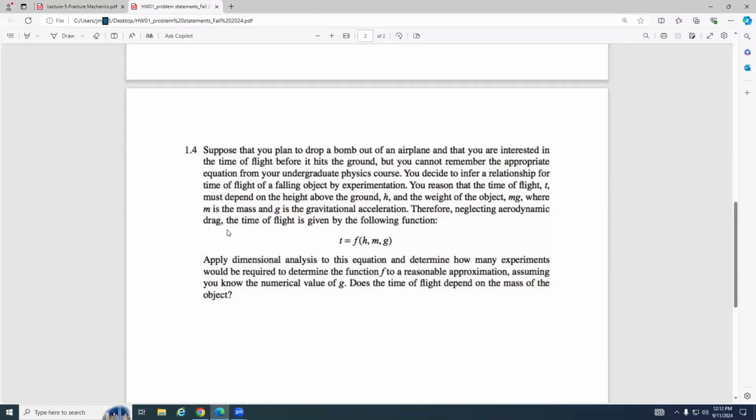What is the unit of G? For G, we have length divided by second squared, right?